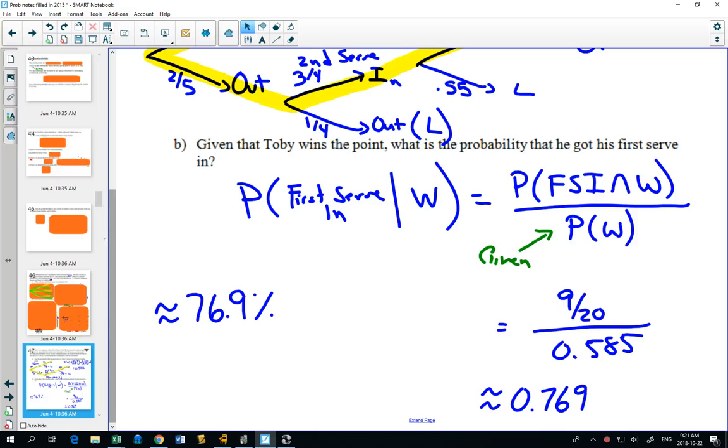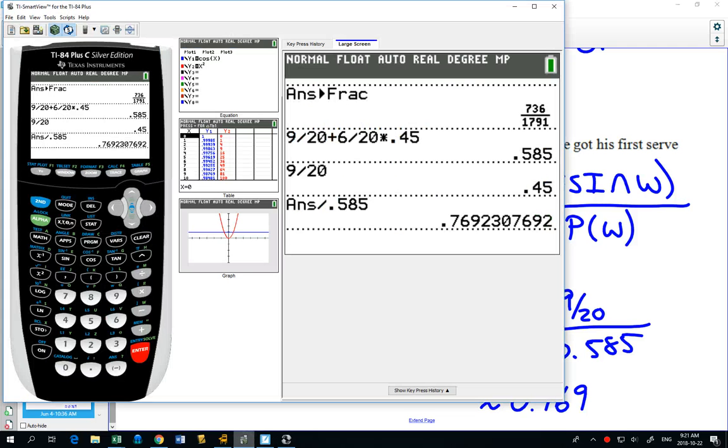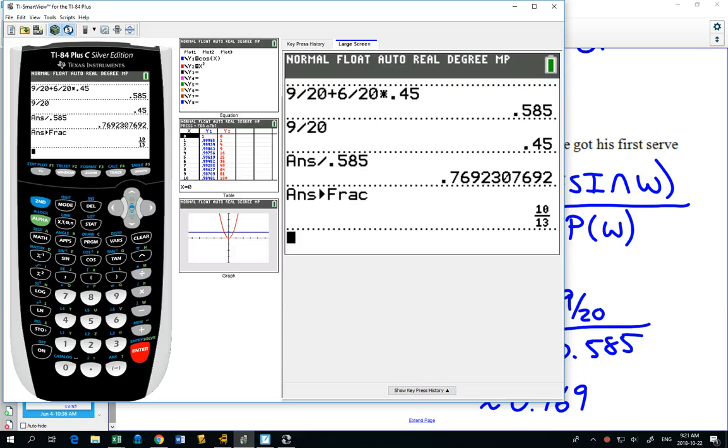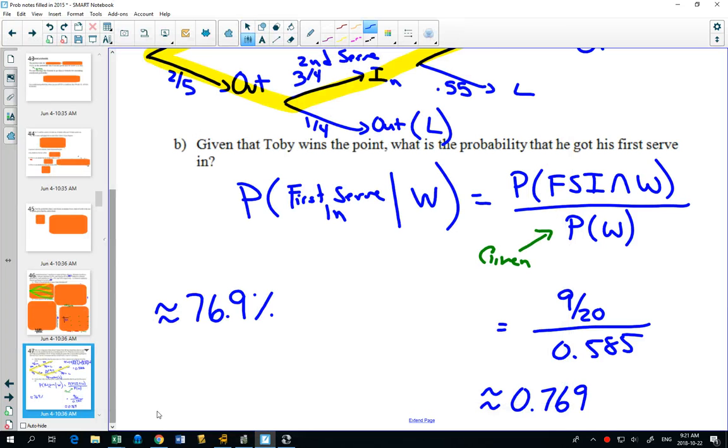You also have the ability on your calculator, math fraction, to change it as an exact answer. And then you just need an equal sign instead of the approximation sign. Okay? So every 13 times that Toby wins a point, 10 of them came from his first serve. Only 3 of them would come from his second serve.